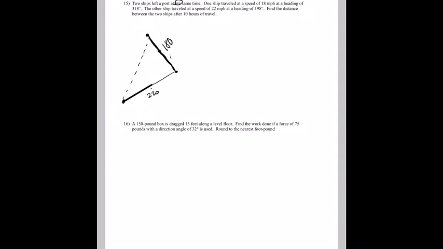And it wants the distance between those two ships. Well, we can figure out this angle right here using the headings. So we superimpose an axis system onto this. This first ship had a heading of 318 degrees.